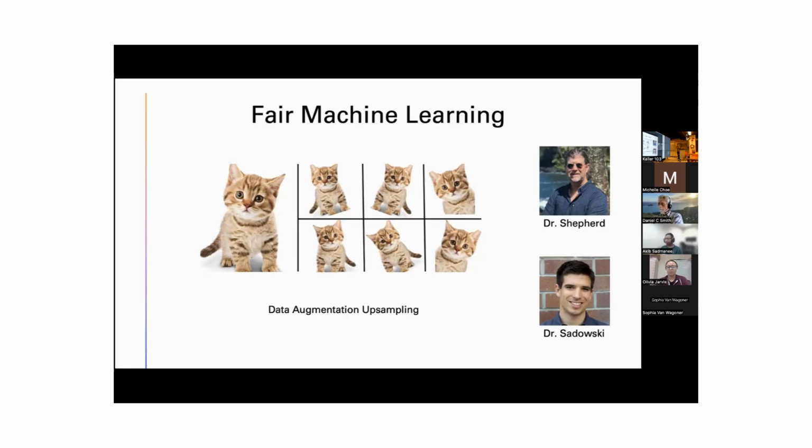Another way you could extend that is to apply data augmentation. Who knows about data augmentation from a machine learning class? Okay, a few hands. Basically, data augmentation is a fancy way of saying if you have a data set, you want to increase the amount of data that you have so that it's more diverse and doesn't overfit to certain situations.